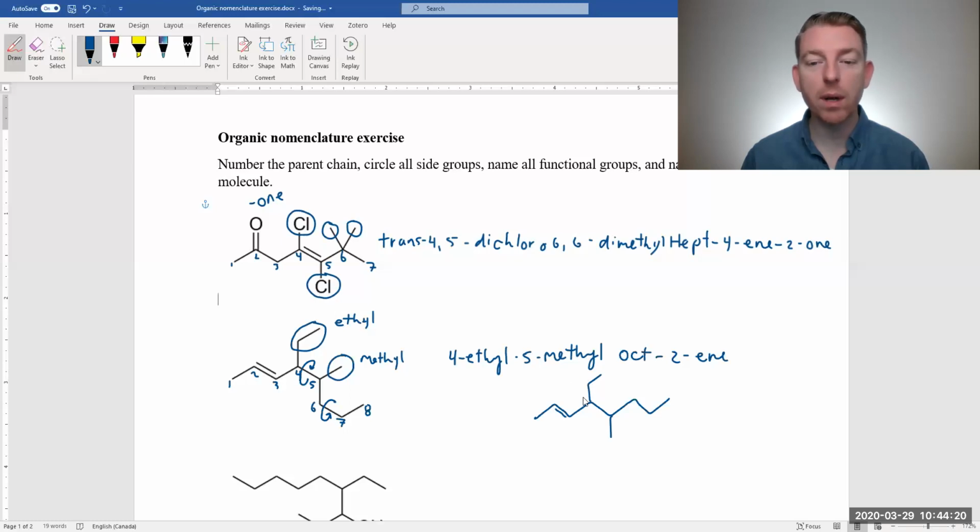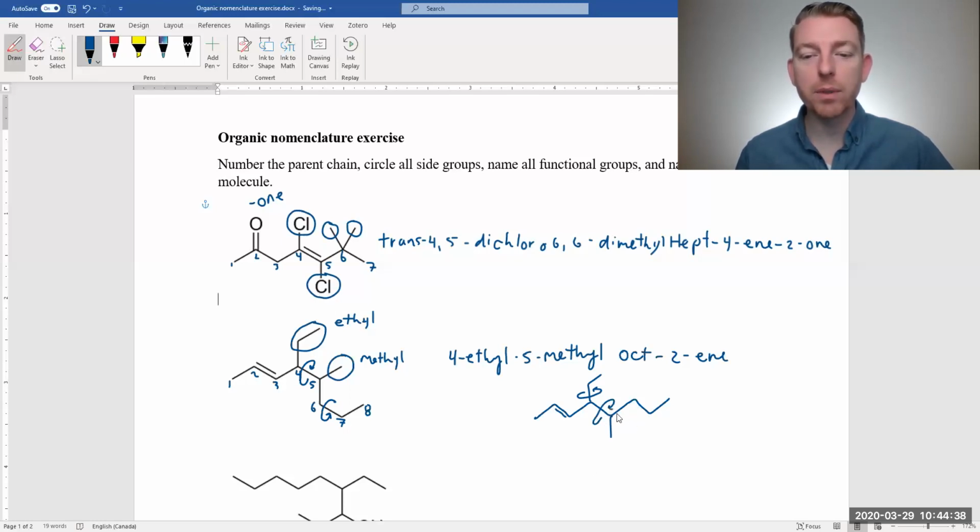If I drew it going the other way, it would be exactly the same, because again, this is just a single carbon-carbon bond, so this extra group is free to rotate around it, as are all of these. That's why we don't talk about cis and trans on a single bond, because it can rotate around, okay? These two groups could change position, and then we'd be closer to something like that.